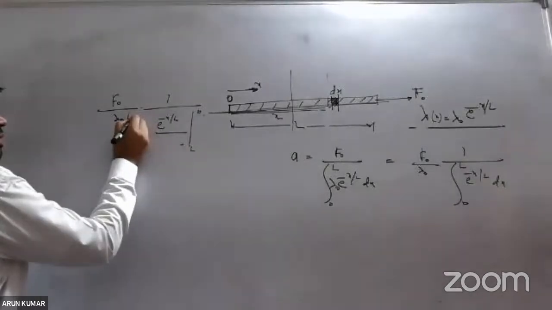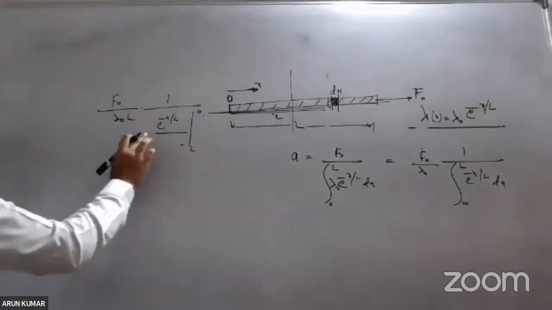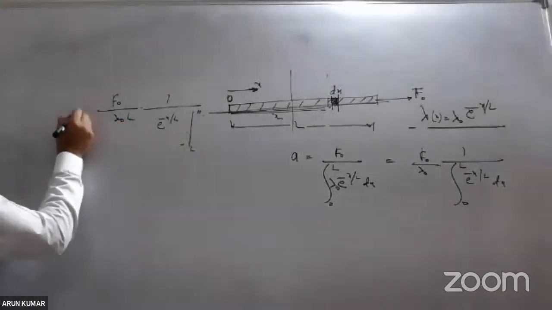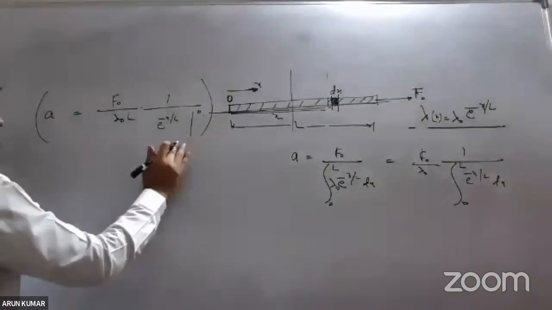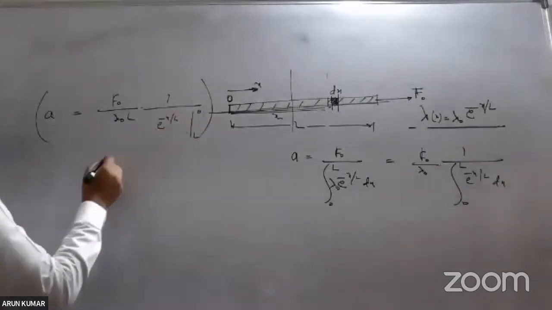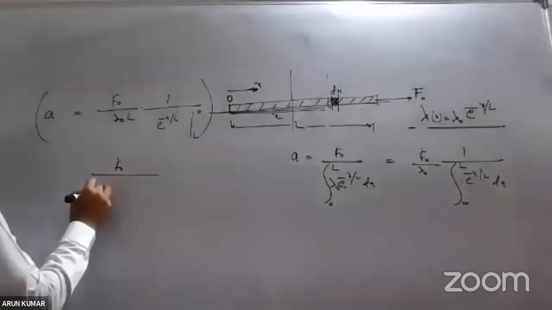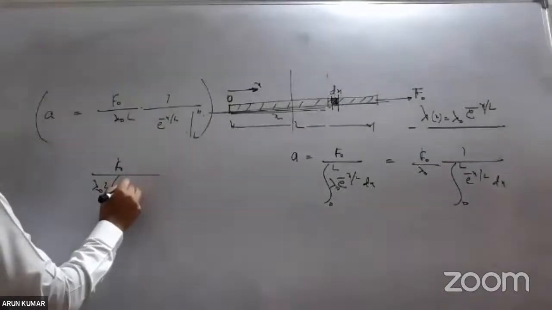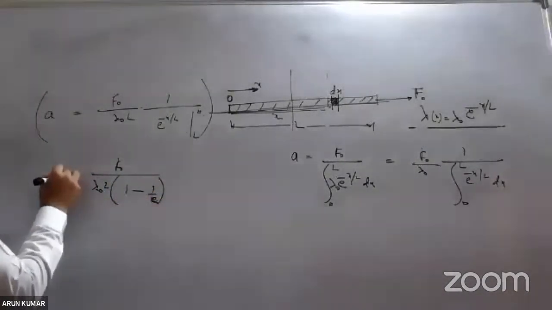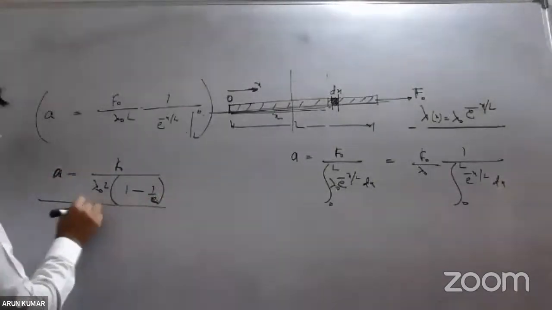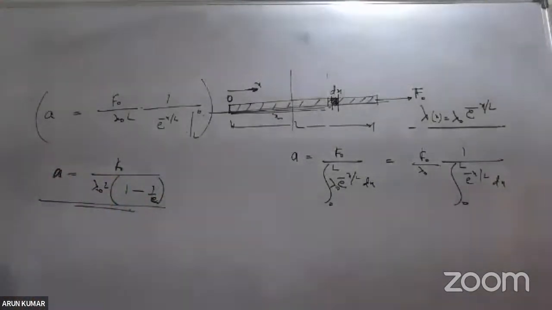It becomes 1 by lambda L. This is my acceleration. So I substitute the limits from L to 0. Now substitute the limits. I'll get F naught by lambda naught into L into 1 minus 1 by e is my acceleration. Now this acceleration is going to be useful in the next step.